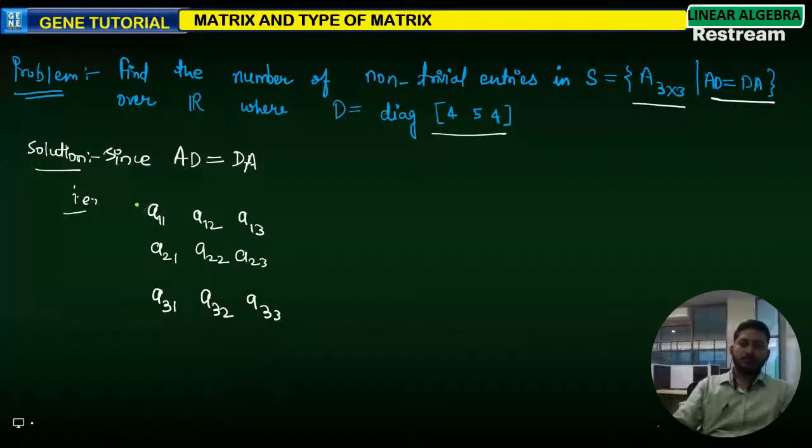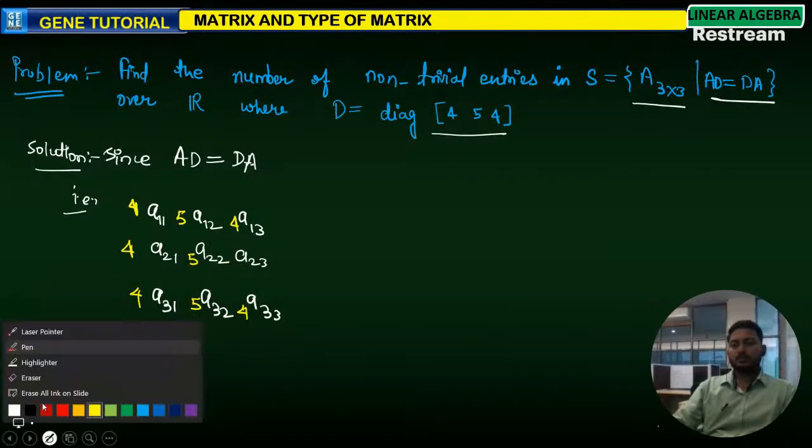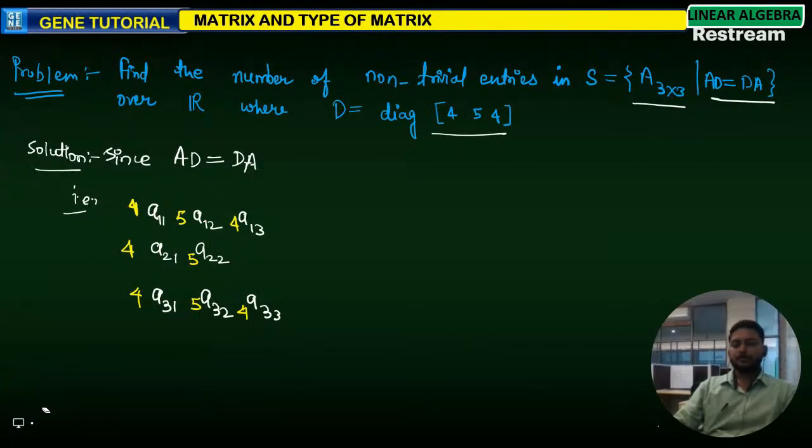You see here that in each column the entries are the same factor, and in a row it is 4, 5, 4 type. This is the type of entries for AD.